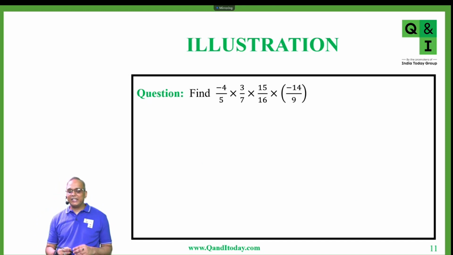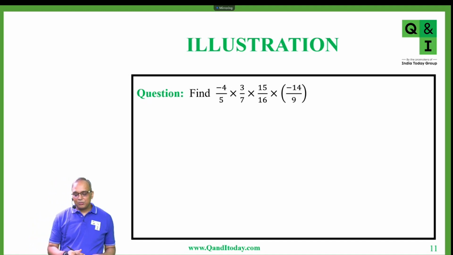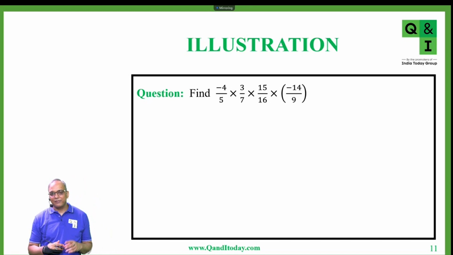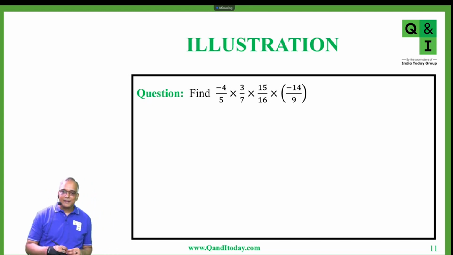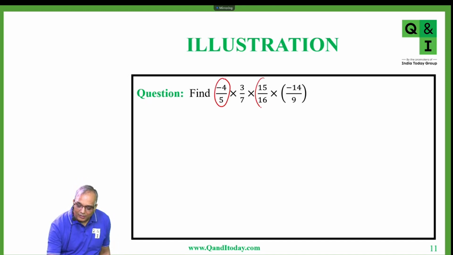So which rational numbers are we going to associate together? Minus 4 by 5 into 15 by 16, and 3 by 7 into minus 14 by 9. So these two we will bring together and these two we will bring together.